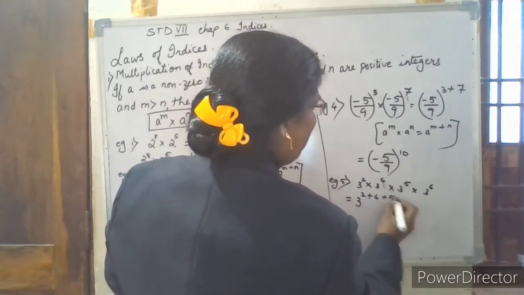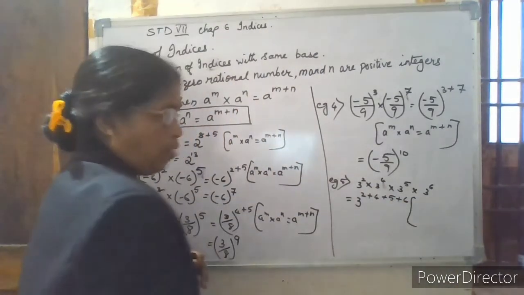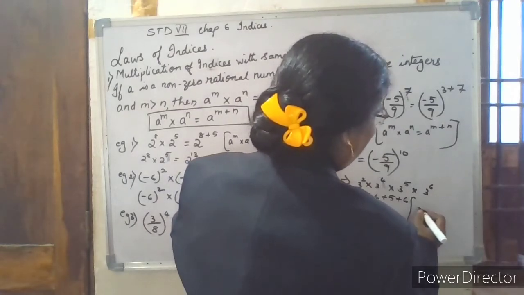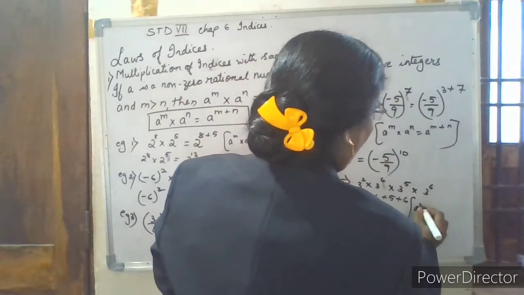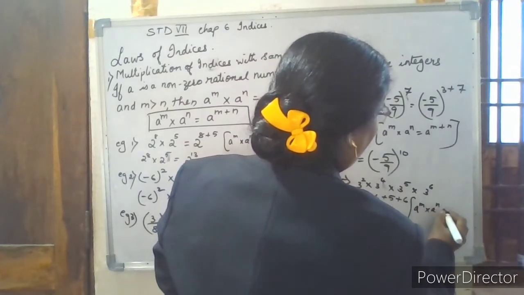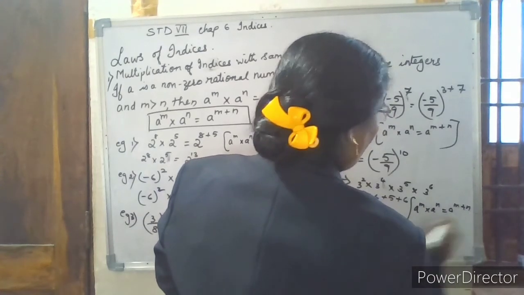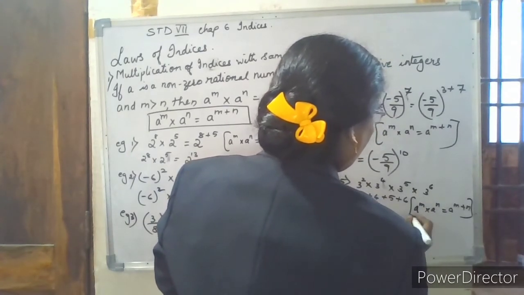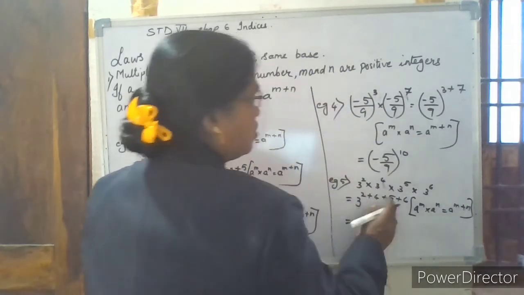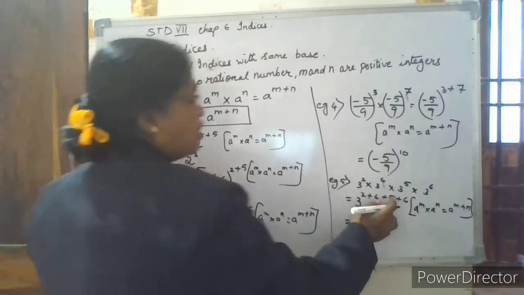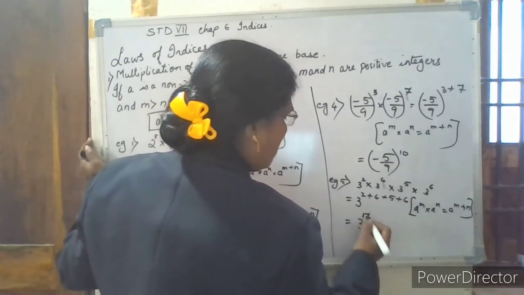It can be any number of times, but the base is the same every time. So again we can solve this in this way because of the law a raised to m into a raised to n is equal to a raised to m plus n. Here this will be equal to 3 raised to 2 plus 4 is 6, 6 plus 5 is 11, 11 plus 6 is 17. So it will be equal to 3 raised to 17.